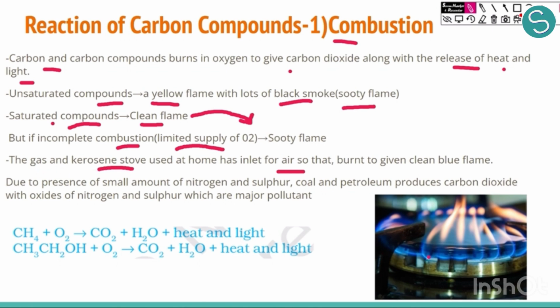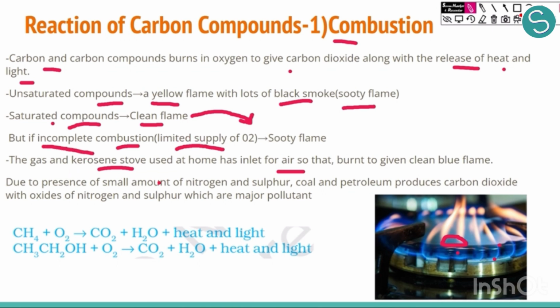You can see this is a stove. In the center you must have seen that there is a hole and there are certain holes in between. Here also there are certain holes. Why are there holes? To provide the gas with an abundance of oxygen, an abundance of clean air, so that complete combustion takes place, not incomplete combustion.